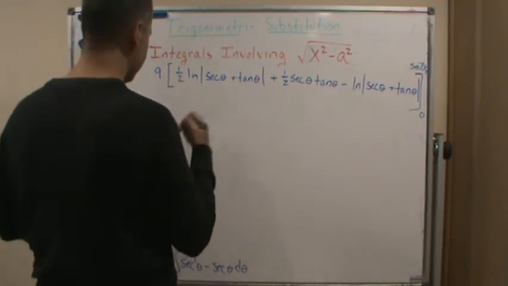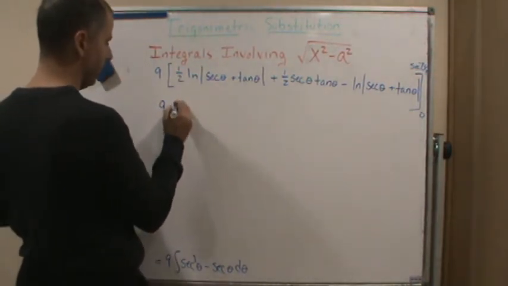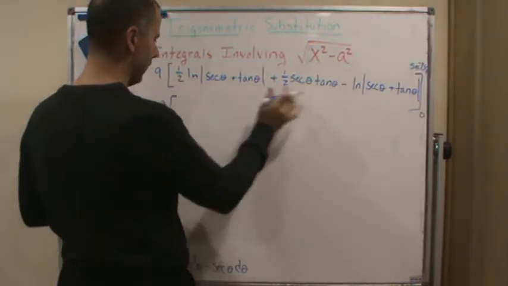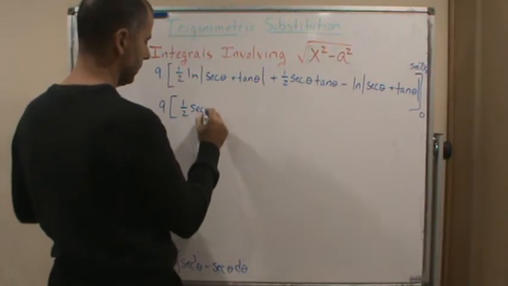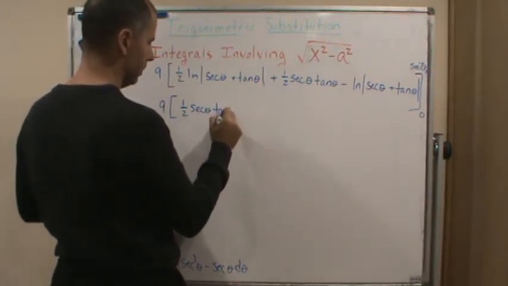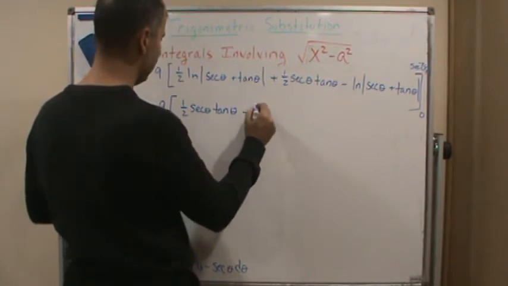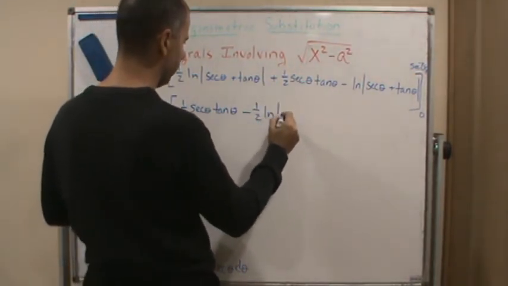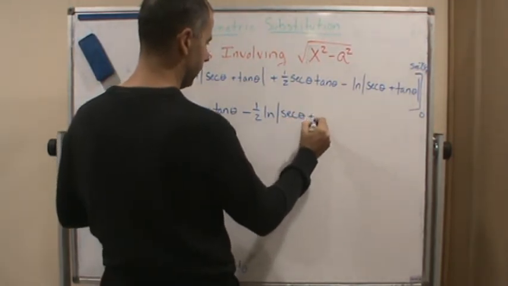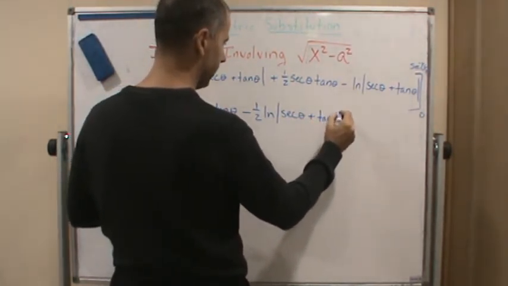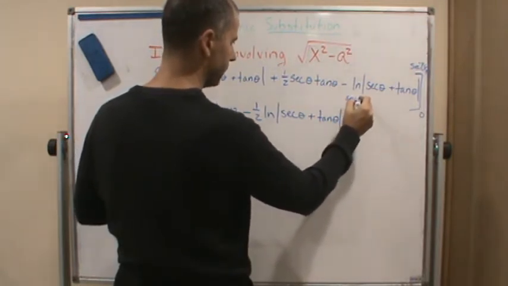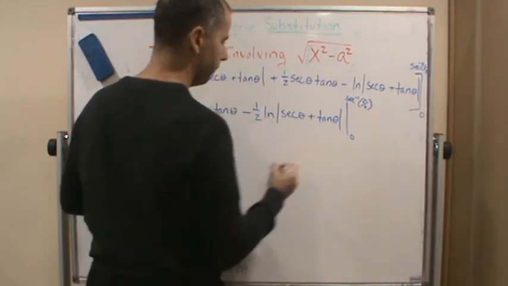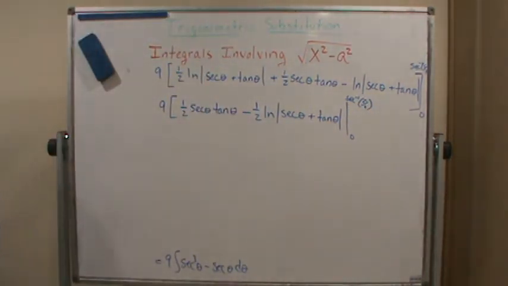Okay, so I'm going to rewrite this as 9 times, and I'm going to put this as 1/2 secant theta tangent theta minus 1/2 the natural log of the absolute value of secant theta plus tangent theta. And this is going to evaluate from 0 to, again, secant inverse of 5/3. Okay?